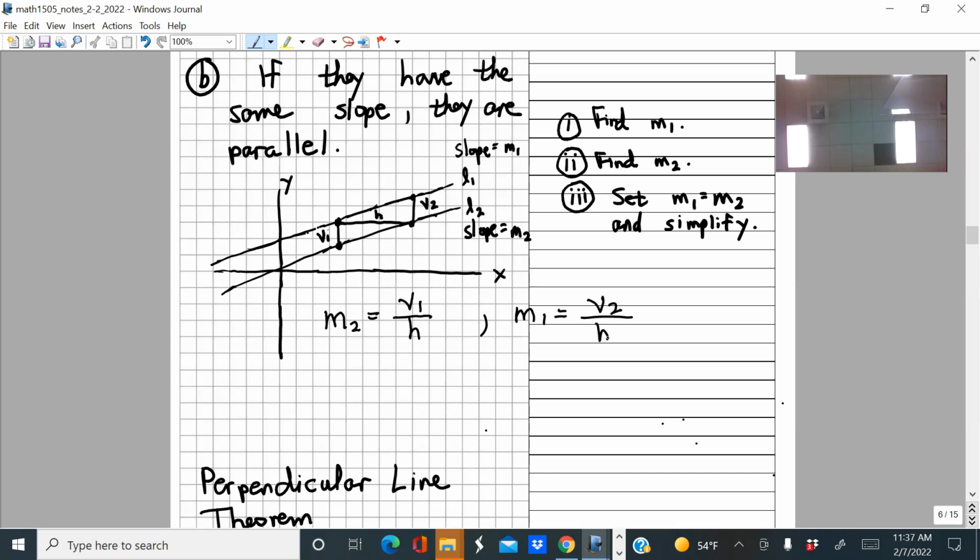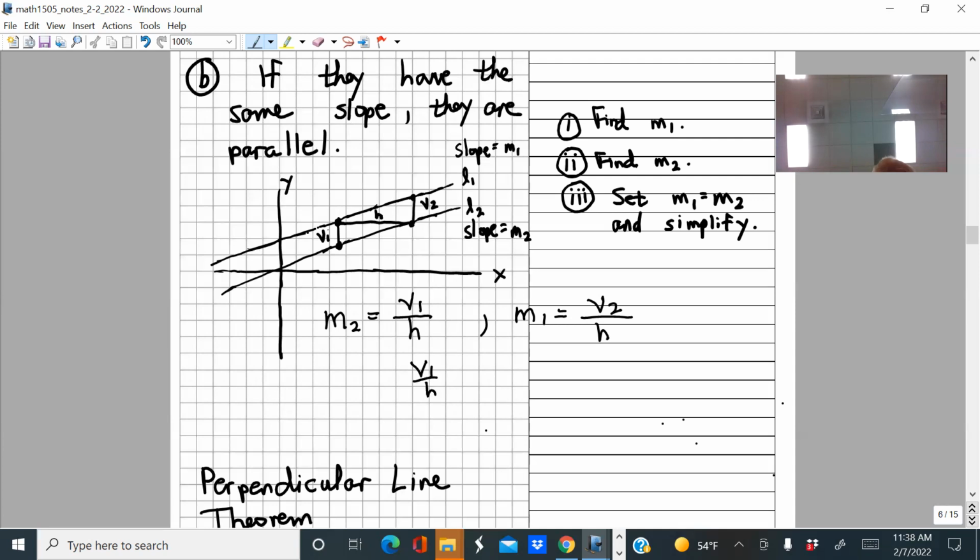Okay, so there you've got the two slopes. And what do you know about the two slopes? So what's our assumption? Look at the top there. They're the same, right? We don't know that the lines are parallel. I've drawn them so that they're parallel, but that might be a faulty thing. But I do know that the lines have the same slope. So these two values are the same. So let's write them down.